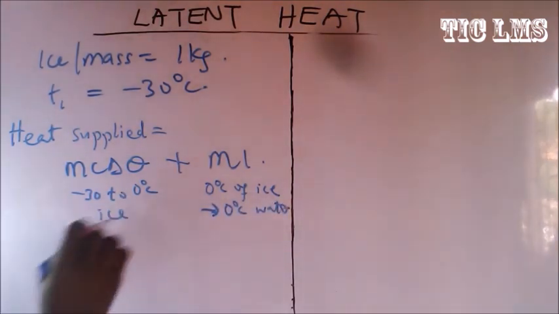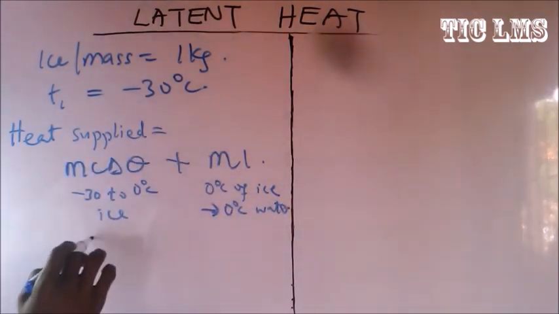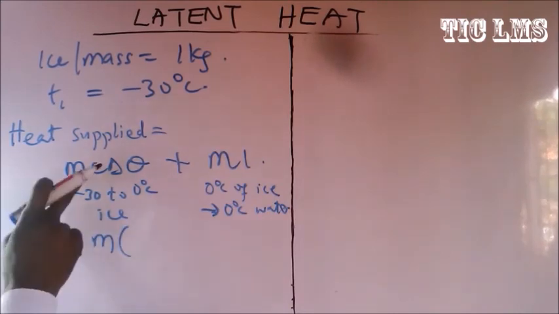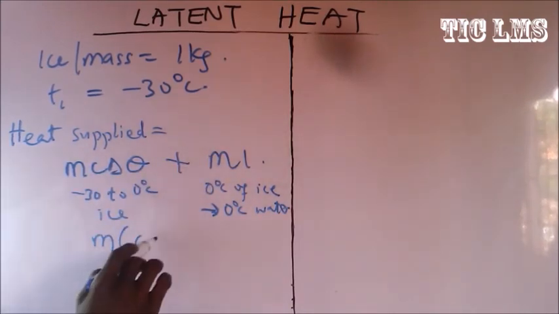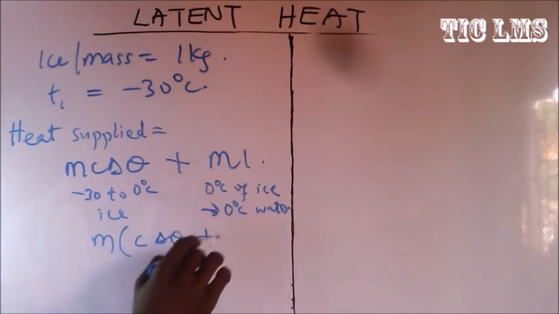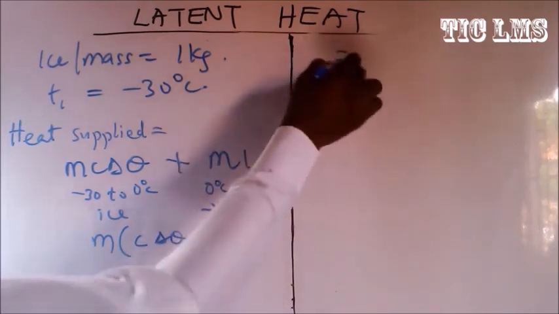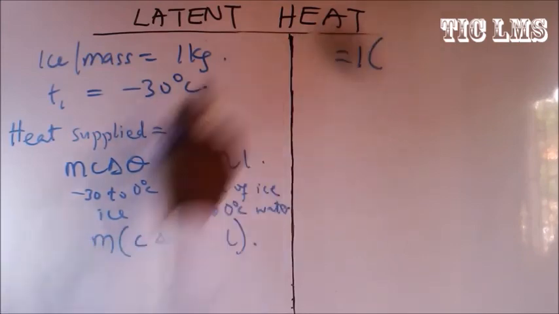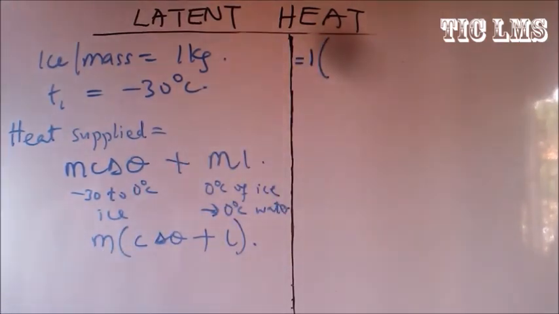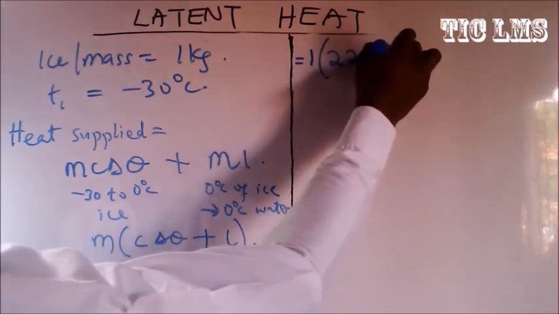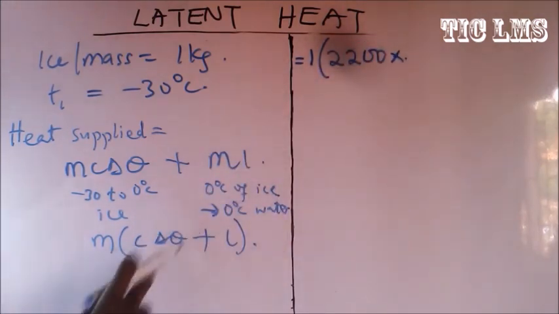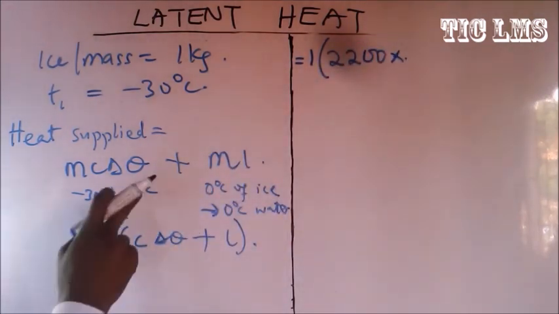We have M, which is common on the two sides, so we can factorize by bringing this M out, and we have specific heat capacity times the change in the temperature plus L. So our mass is 1 from the question. The specific heat capacity of ice is 2,200 joules times the change in the temperature, that is from 0 to minus 30.